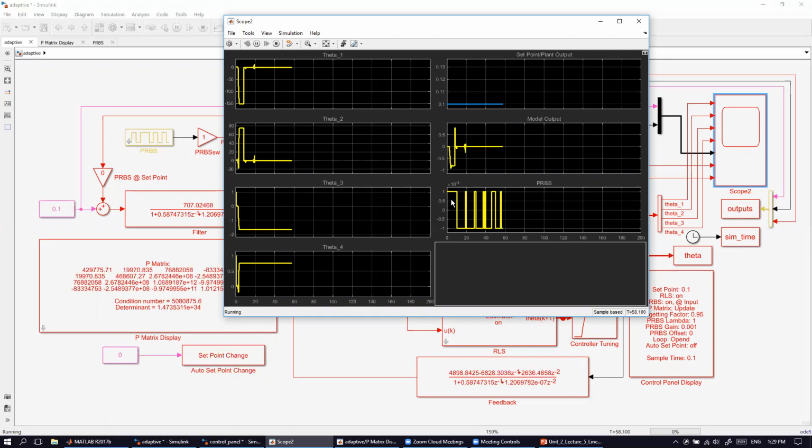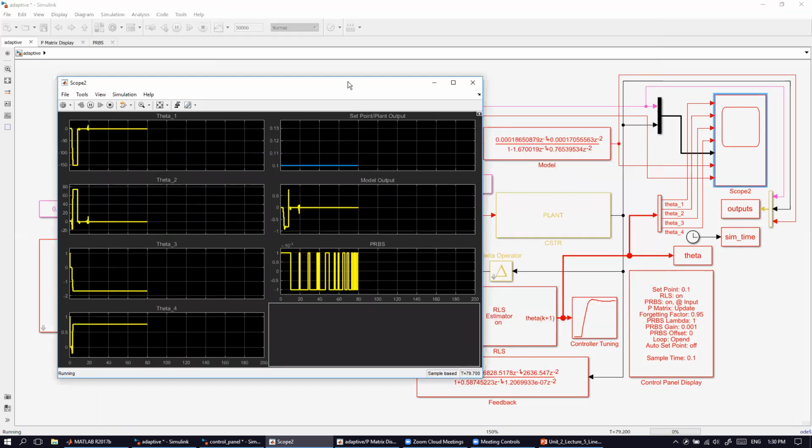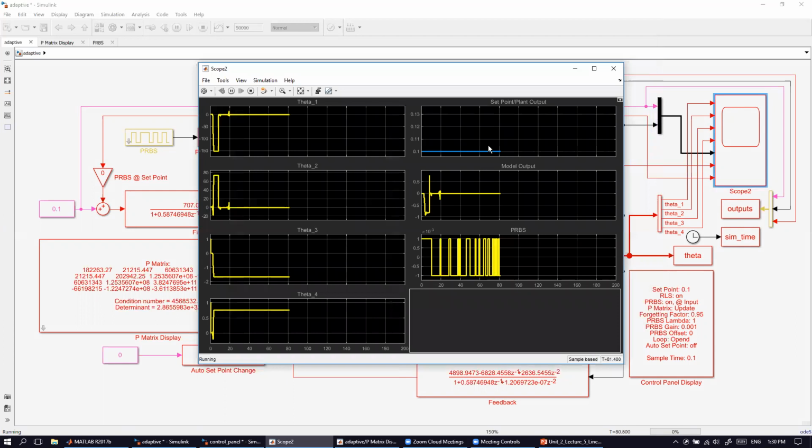This is a PRBS signal, the signal that is injected into the system in order to excite the system with low amplitudes, low magnitudes. This is the output of the model, and this is the set point and the plant output.